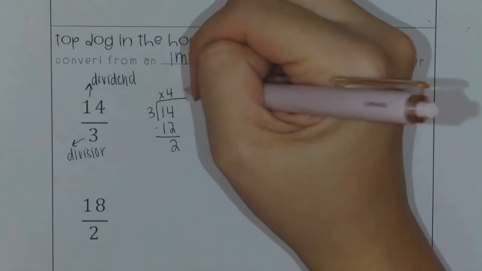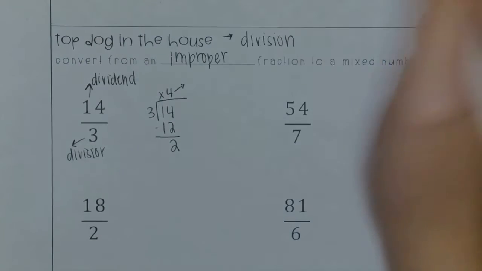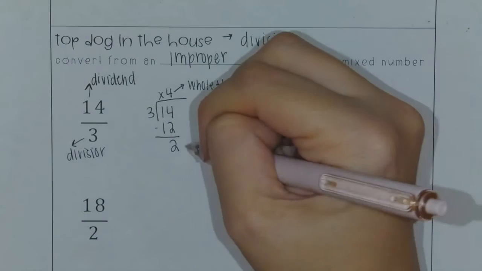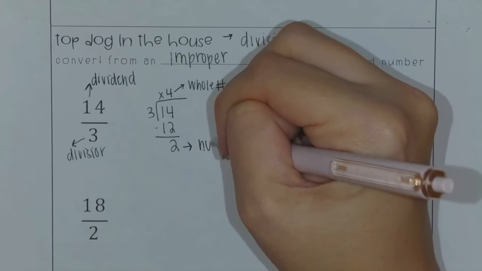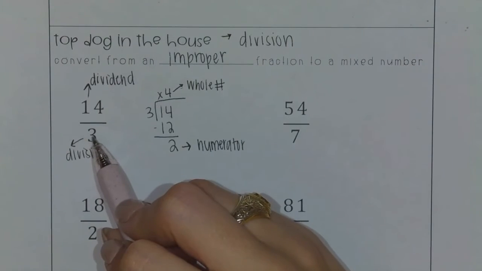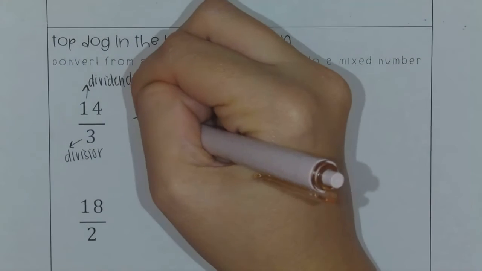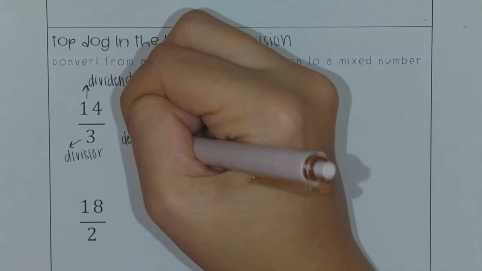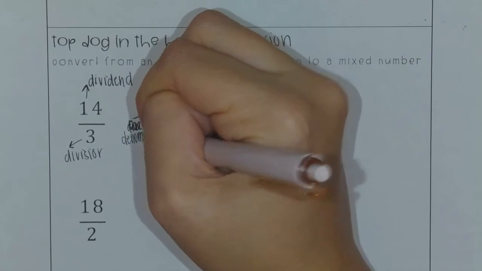And when I put together my mixed number, my quotient becomes the whole number. My remainder becomes the numerator. And my denominator always stays the same. So the divisor becomes the denominator.